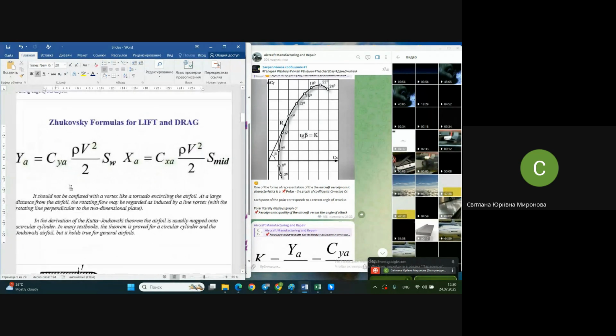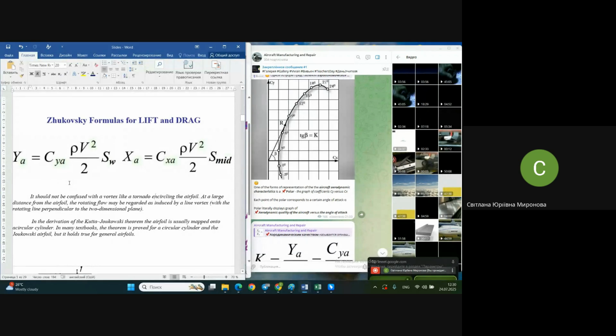those formulas which are called formulas of Zhukovsky, originally proposed by Newton, but not in quite the same way they look in Newton's explanation. And in these formulas, aerodynamical characteristics Cy and Cx characterize the shape of the profile. They depend on the shape of the airfoil.